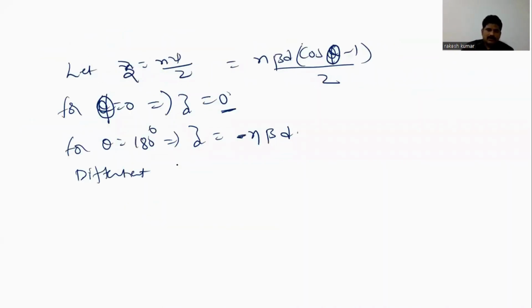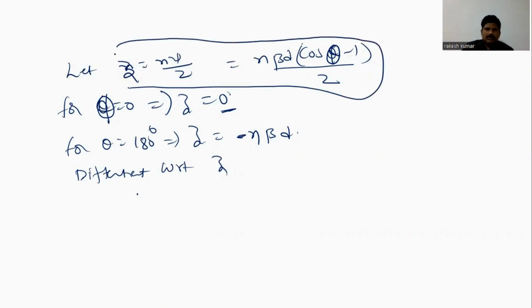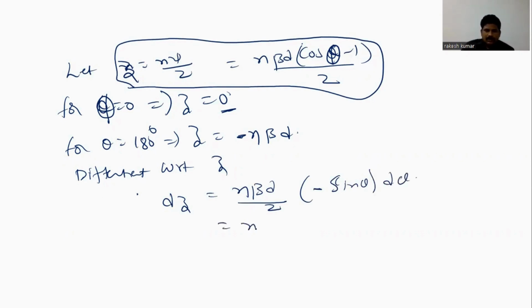Okay, so differentiating with respect to z. This is the value of z. Now I am differentiating with respect to z, dz. So what is the value of dz? n beta d by 2 into minus sin theta d theta, or n into 2 pi d by 2 lambda into minus sin theta d theta.